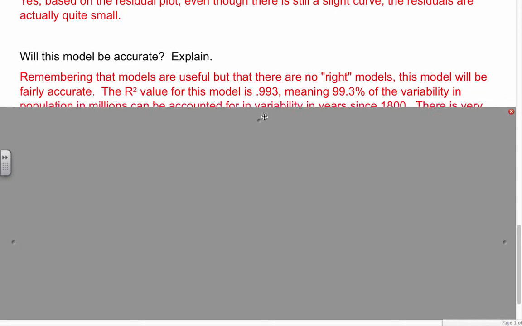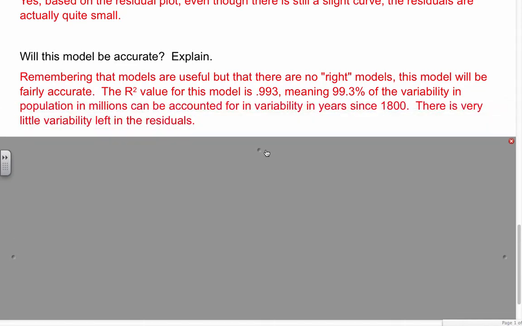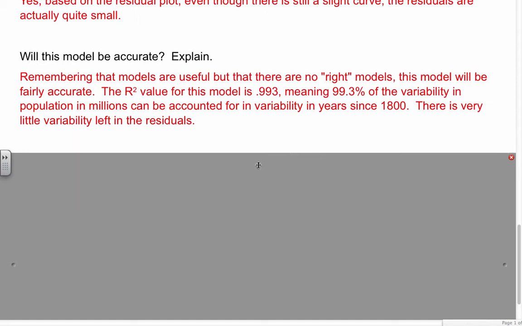Well, remember, we've got to take a look at our r squared. So remembering that these models are useful, but there are no right ones, this model would be fairly accurate. R squared for this model is 0.993, so 99.3% of the variability in population in millions can be accounted for by the variability in years since 1800. That leaves very little variability in the residuals.